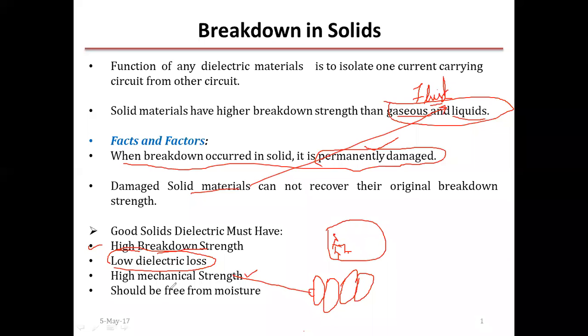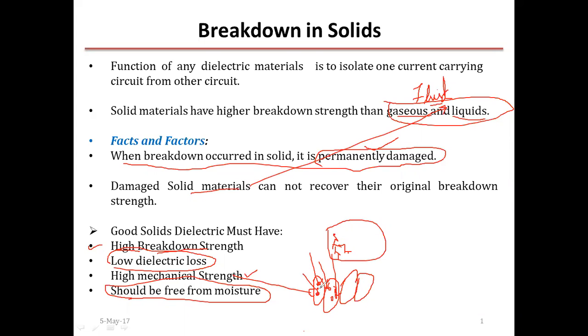Okay, and these should be free from moisture. It means when the rain is raining or any moisture occurs, if there are small pores in the solid dielectric while manufacturing, the raindrops or the moisture of the air will be absorbed in these pores.